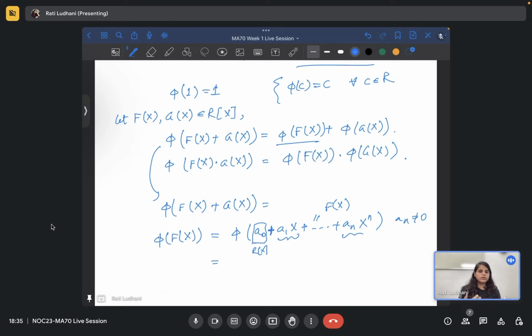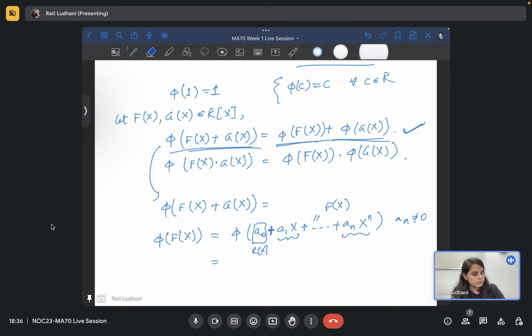So what do you want? Phi should split on this. Split means this property should be satisfied: phi of a sum of polynomials is equal to the sum of phi of the polynomials.